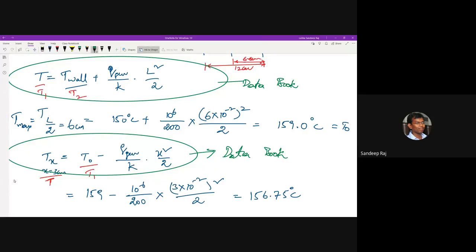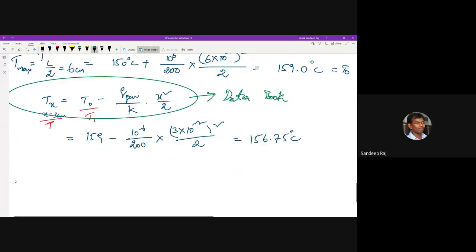So the data book is a must for the next class. Keep that in mind, and then we'll solve almost all cases of internal heat generation, Qgen, in the next class.